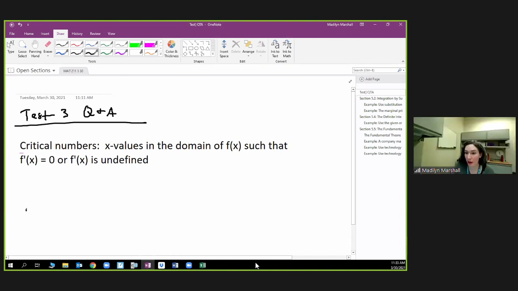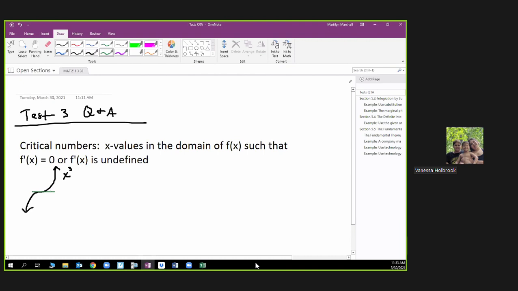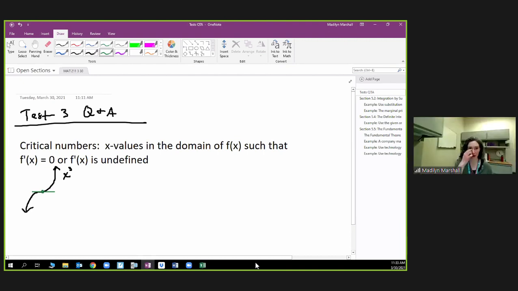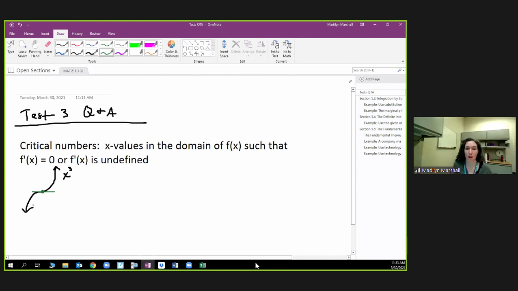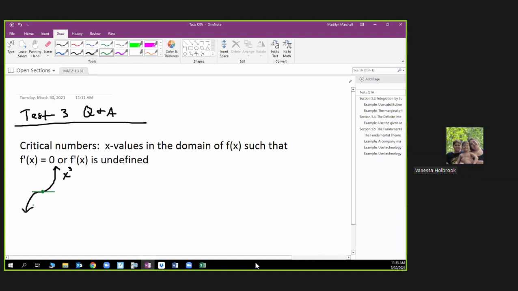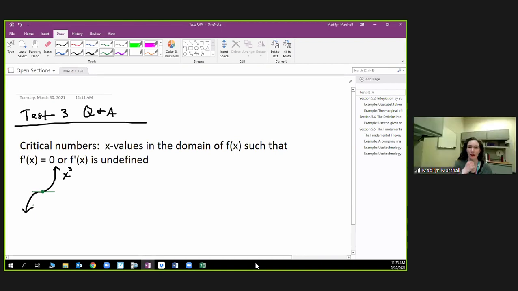So for example, this is my rendition of f of x equals x cubed. And there would be a critical number right here because that is a horizontal tangent. So the first derivative would be 0, but this function is increasing on both sides. So it's not necessarily going to change from up to down or down to up at a critical number.